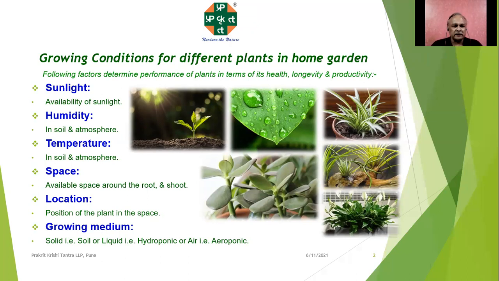Then comes the temperature. Temperature is also very important. Again, atmospheric temperature and soil temperature.